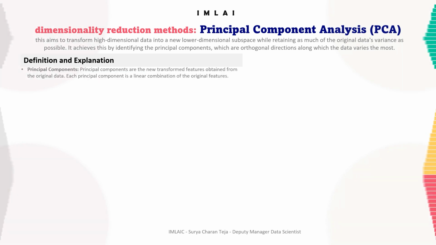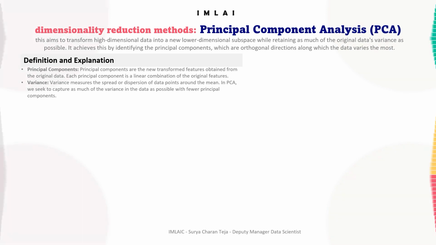Variance measures the spread or dispersion of the data points around the mean. In PCA, we seek to capture as much of the variance in the data as possible with fewer principal components. That's the variance concept under principal component analysis.